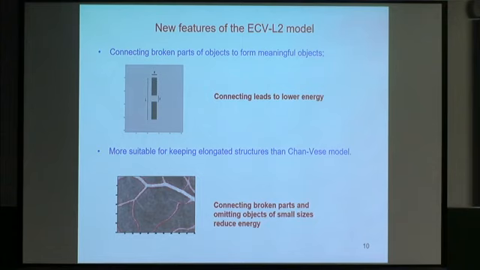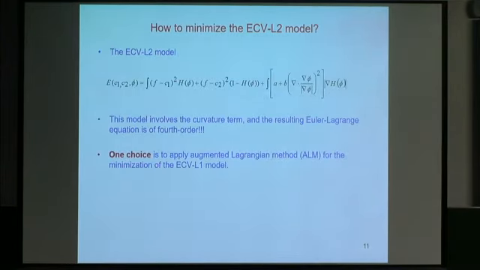The second thing is, when we talk about this Euler elastic, how can we minimize it? We think it is too complicated because it is second order and nonlinear, and we also have a non-differentiable term because of the denominator.